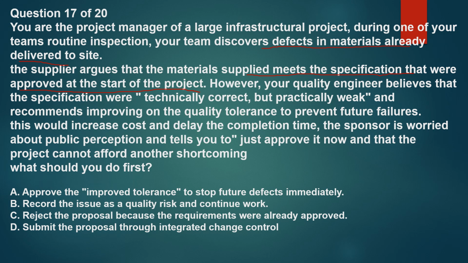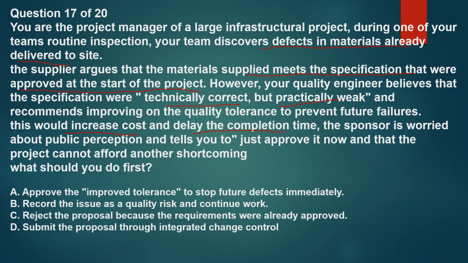However, your quality engineer believes that the specifications were technically correct but practically weak and recommends improving on the quality tolerance to prevent future failure. This would increase costs and delay the completion time.